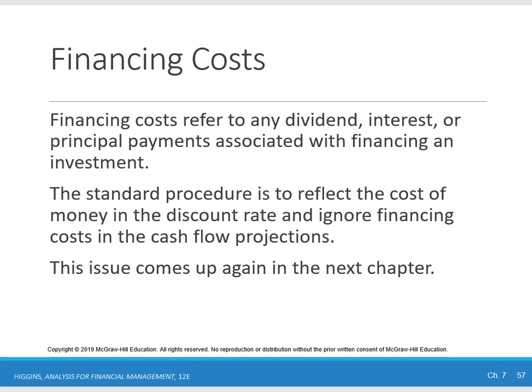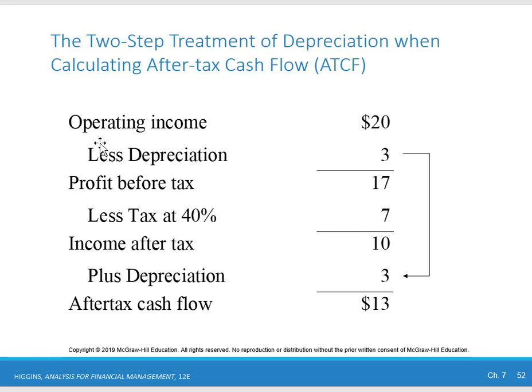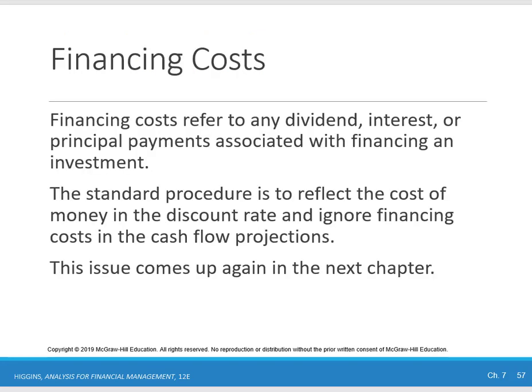So when we looked back at this item before, you can see here's operating income. We have some depreciation in there, but you notice there's no interest here. That's because interest is ignored in the cash flows. It is taken care of in the cost of financing.